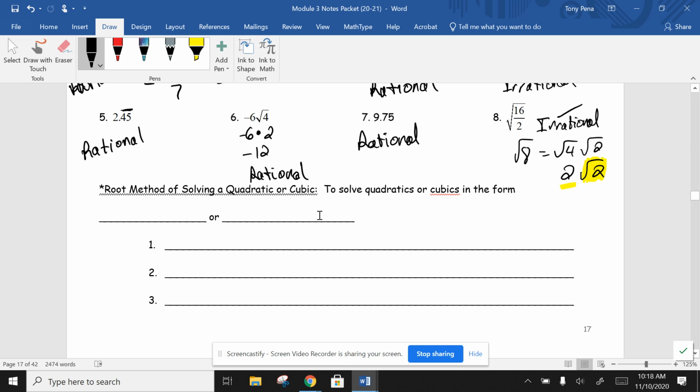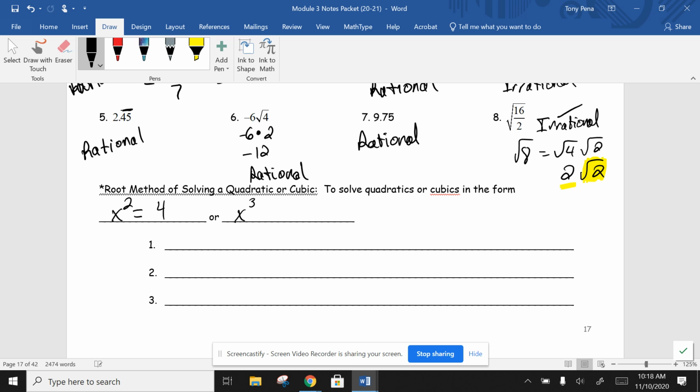All right, next set of problems. It's called the root method for solving a quadratic. We just did quadratic equations last chapter. Or cubics. Cubics just means we have powers of 3. So it says to solve quadratic equations or a cubic equation in the following form. So I'm going to have you write down this. Let's say we have x squared equals, let's do 4 in this case.